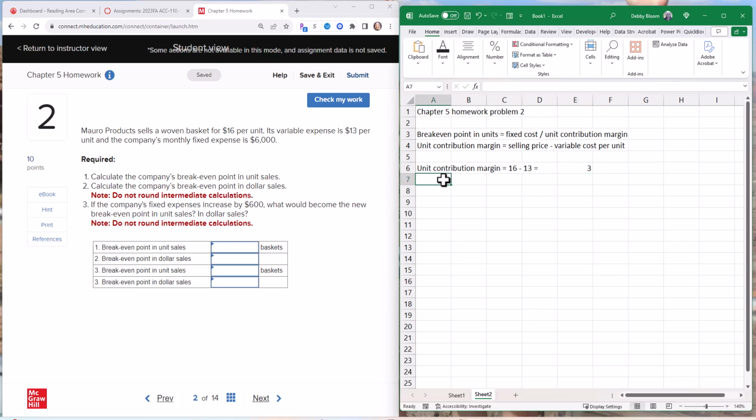So now all we have to do to calculate the break-even point in units is to take the fixed expenses of $6,000 and divide it by the unit contribution margin of 3, which of course is going to be 2,000 units.